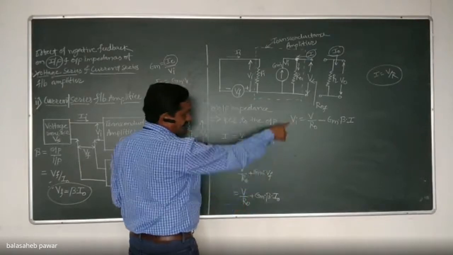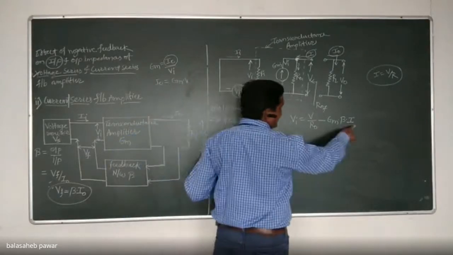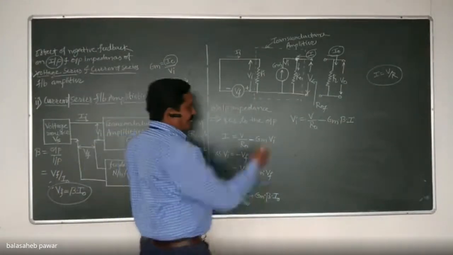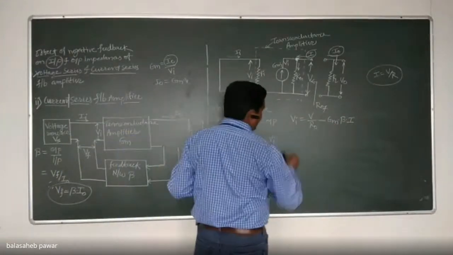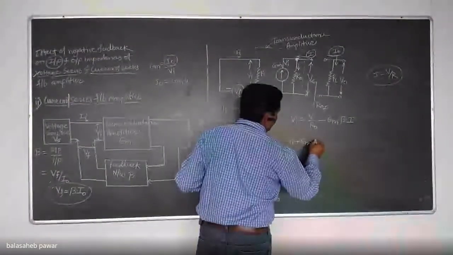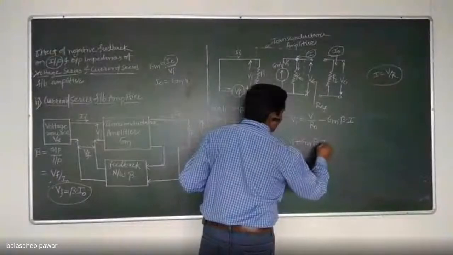And hence IO is replaced by I. Is it okay? Now take that negative term towards the LHS. That is I plus GM into beta into I equals V by RO.